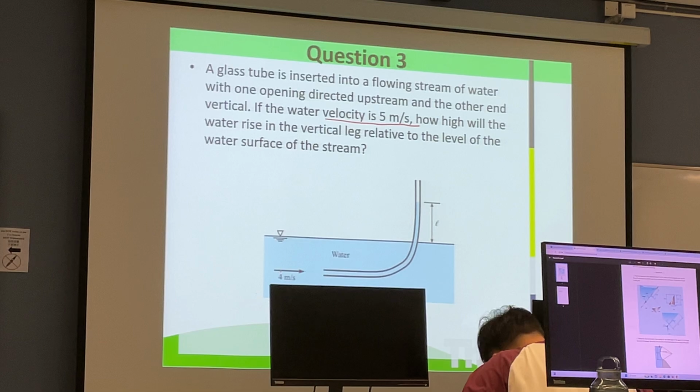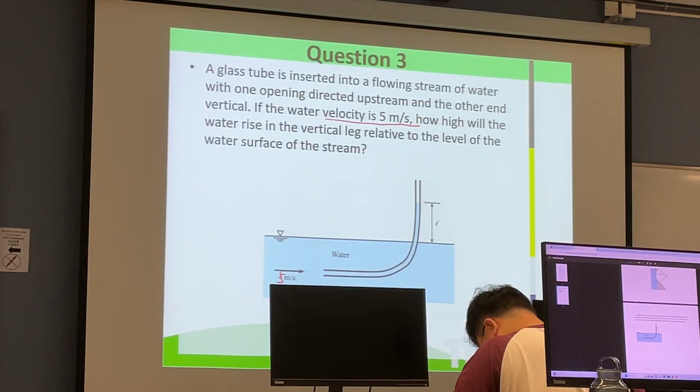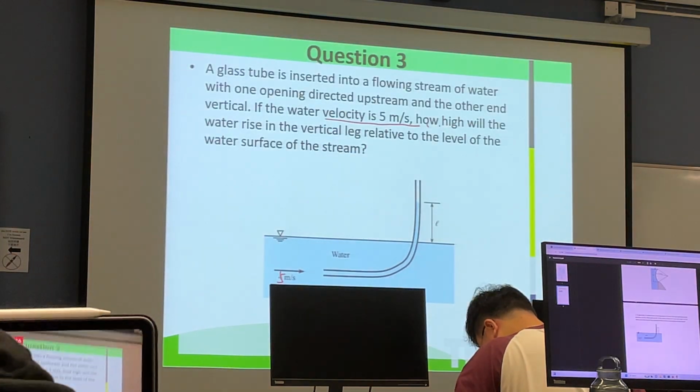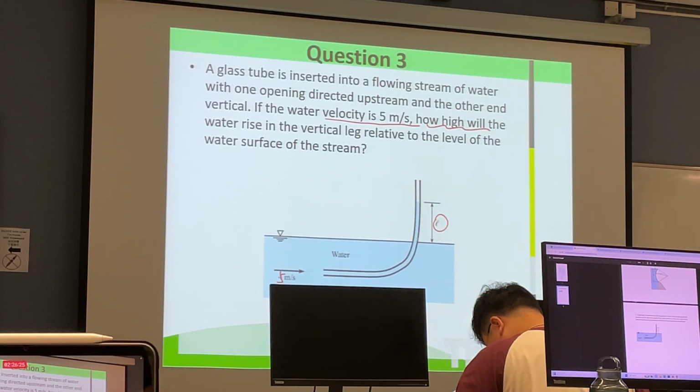Okay, we use 5 meters per second for calculation. How high will the water rise in the vertical length relative to the level of the surface of the stream? So it is asking how much the water level difference is.